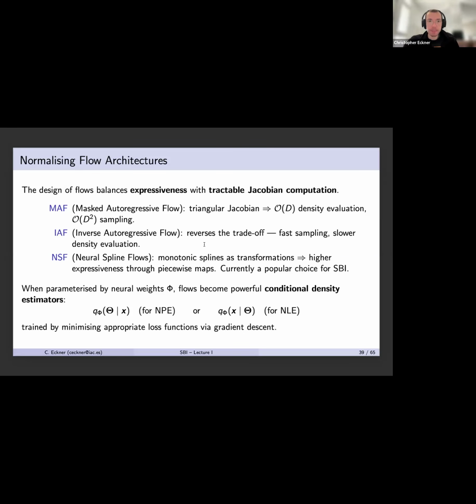But this neural spline flow is even using quadratic or cubic functions to do the different steps. And I'll explain a bit in the following slides what this means. Right. Of course. Well, what is always stated here is that you do these normalizing flows, now parameterizing this stuff as neural weights of a neural network so that it becomes trainable in the setup of machine learning and the algorithms we have there.